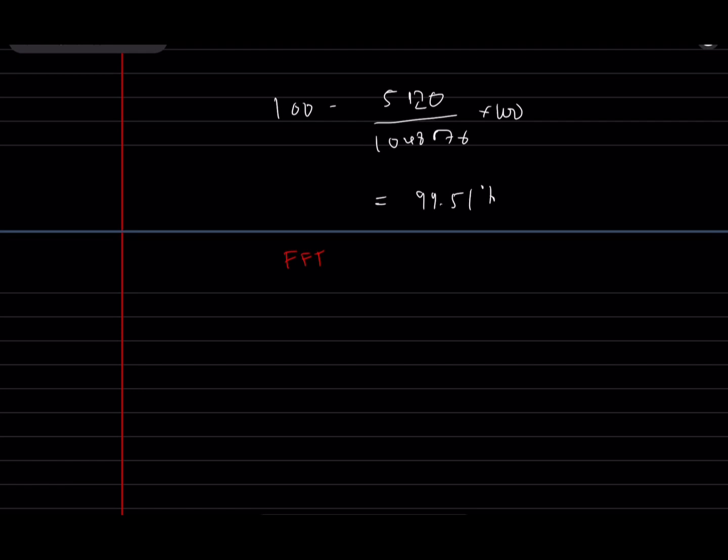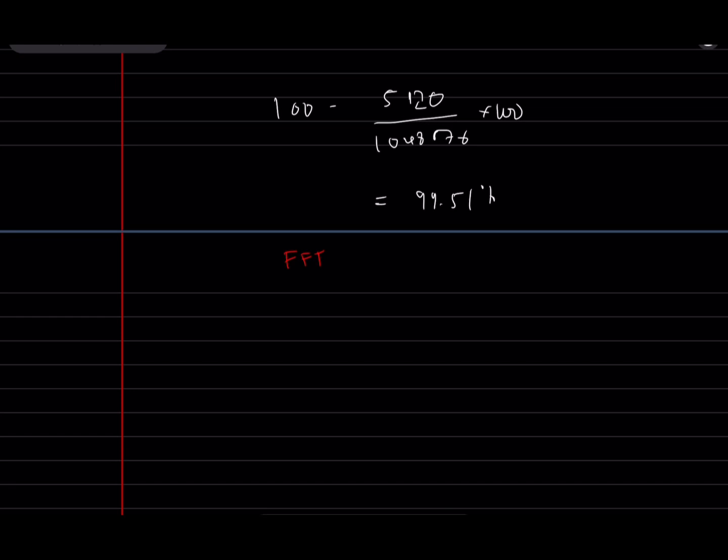So in all, I'll try to conclude this tutorial in such a way that this FFT actually is more efficient. As I said earlier, it uses the divide and conquer strategy to break down the discrete Fourier transform calculation into smaller DFTs of size n over 2, where n is the total number of samples in the sequence.